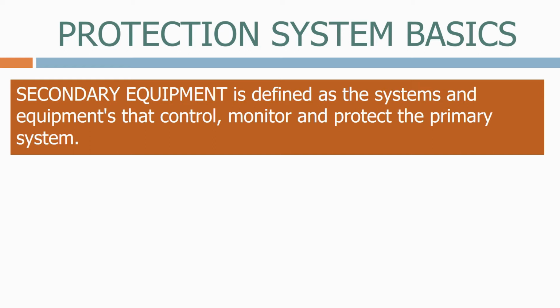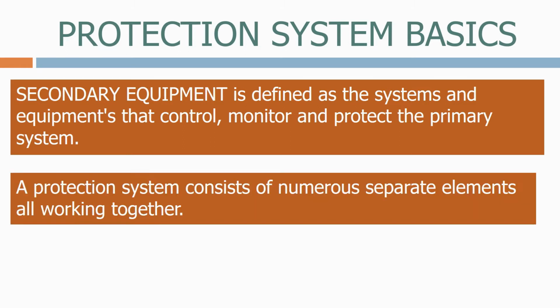Secondary equipment is defined as the systems and equipment that control, monitor, and protect the primary system. A protection system consists of numerous separate elements all working together.